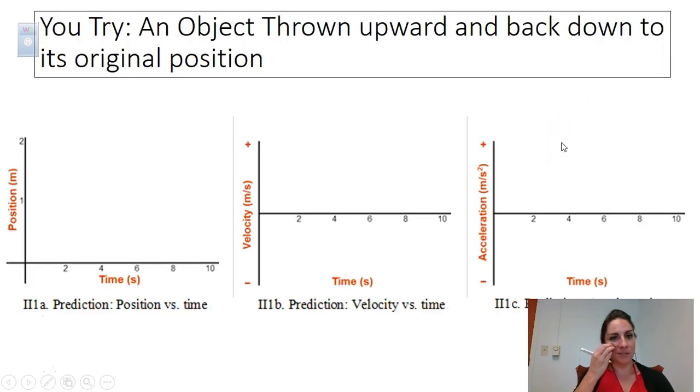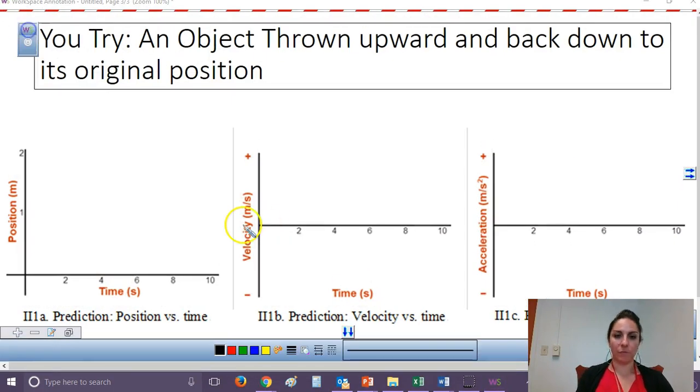Now here's a new one, right? What does an object look like when you throw it up and down? I'm going to do this one for you. You could try actually. So you toss an object up and it comes back down, okay? How would that look? Well, something like this. You would toss an object up, so it's going to gain a positive position.